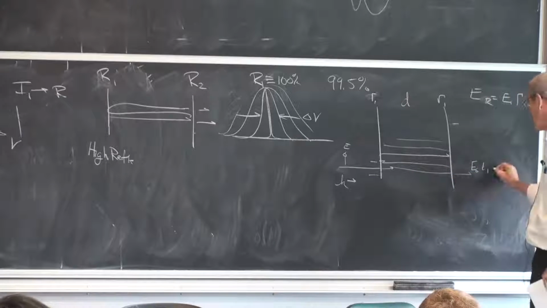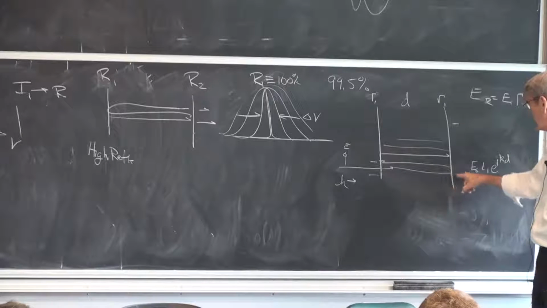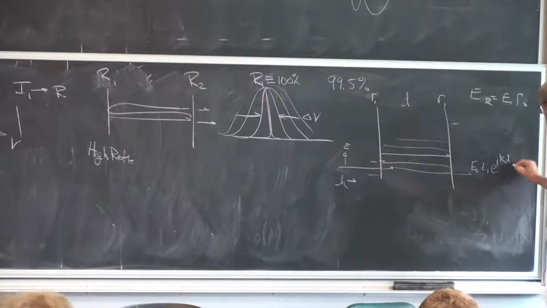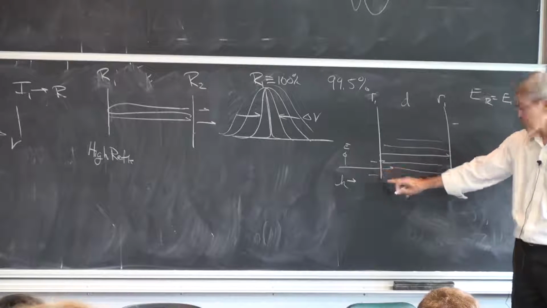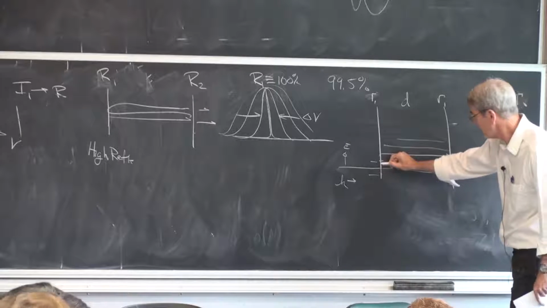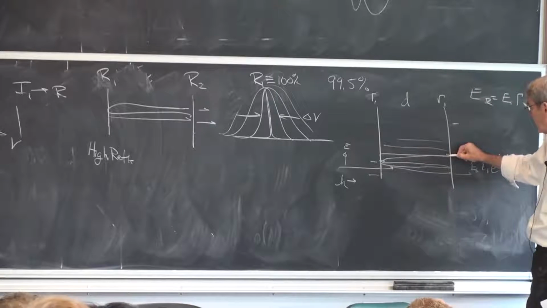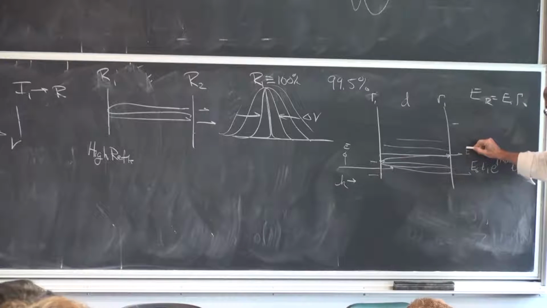It went to here, so I've got e to the jKD, and it transmitted through here, so I've got a T2. Its amplitude's been reduced by T1, T2, and it picked up phase. Now, this one bounced here, came back, and now it transmits out.